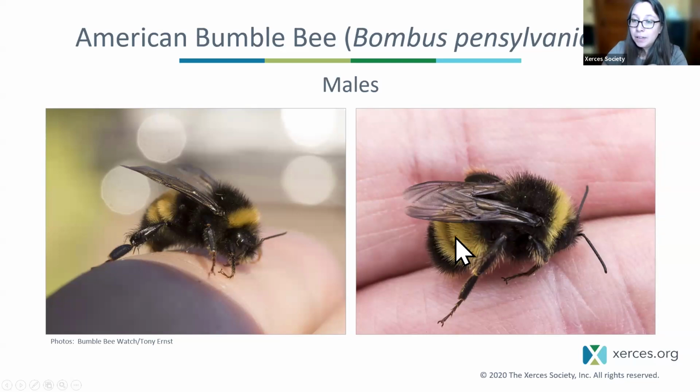Black on T1, yellow on T2 and T3, mostly black on the rest of the abdomen, although this individual also has some lighter hairs on the tip. The thorax of this bee is dark with yellow hairs in the front, and then this individual has some yellow hairs on the top of the head and in the front of the face.